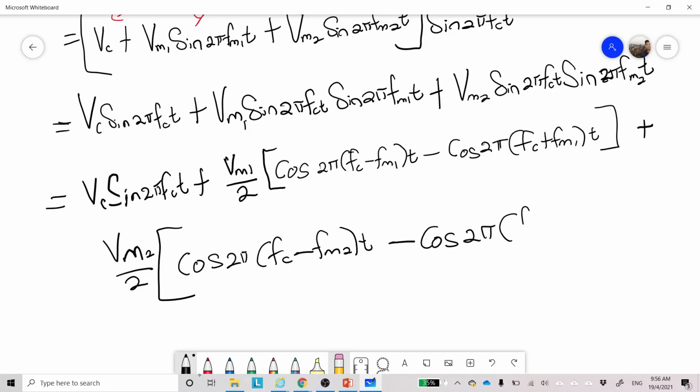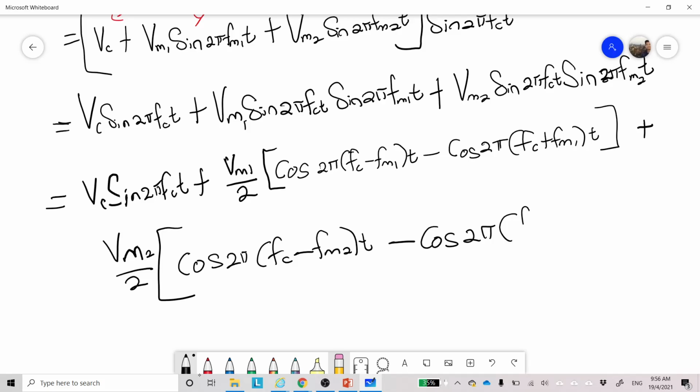Okay, so first of all, when we want to write the modulation index, so the total modulation index M is equal to, as stated in the lecture slides, the square root of (Vm1 over Vc) squared plus (Vm2 over Vc) squared.